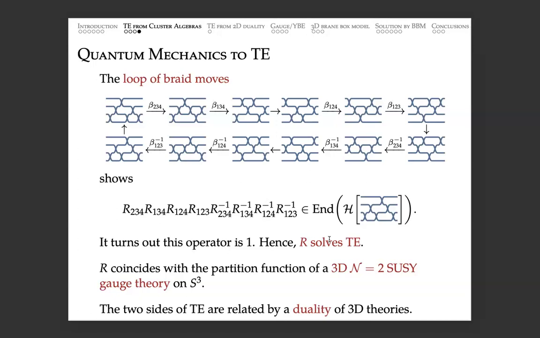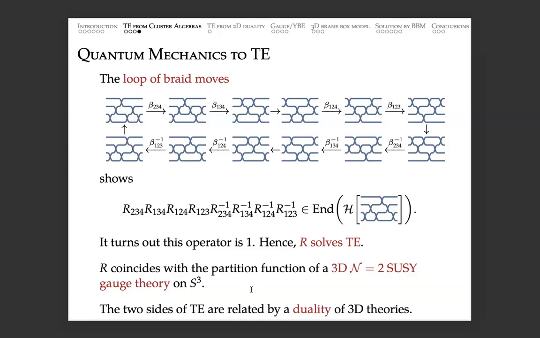If you do that, it turns out that it coincides with the partition function of a certain 3-dimensional N=2 supersymmetric gauge theory on the 3-sphere. I won't write down the details, but I can say this in words: the matrix element of R can be written in terms of integrals of non-compact quantum dilogarithms, and that appears exactly in the localization calculation of 3-dimensional supersymmetric gauge theory on S3.